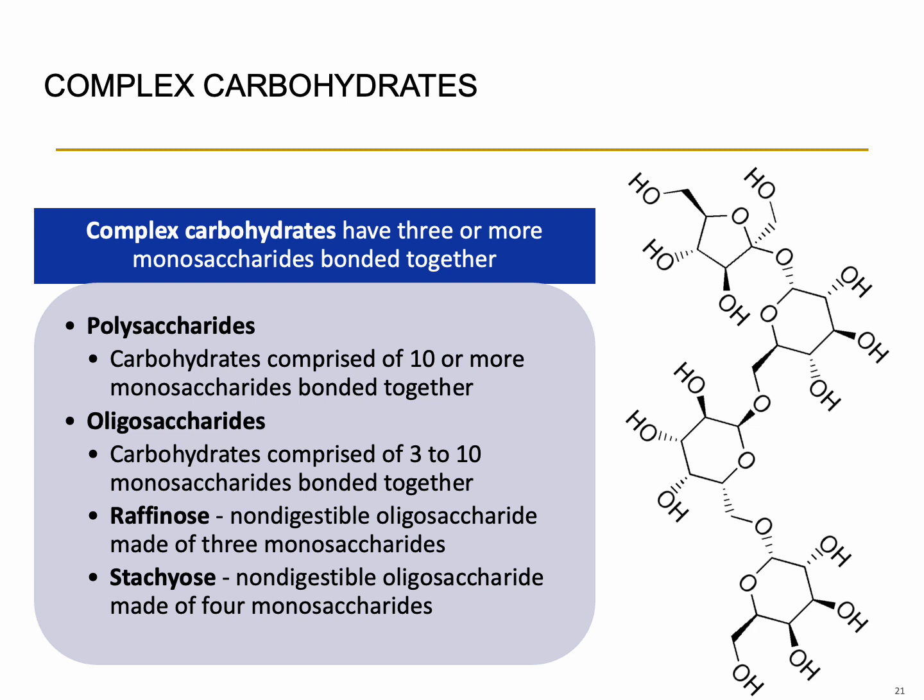And we'll go into a bit more detail in a bit, but a subcategory there is oligosaccharides, and that's between 3 to 10 monosaccharides, and two examples are raffinose and stachyose, which act a bit more like fiber in the body than most carbohydrates. And we'll talk about fiber here in a minute too.